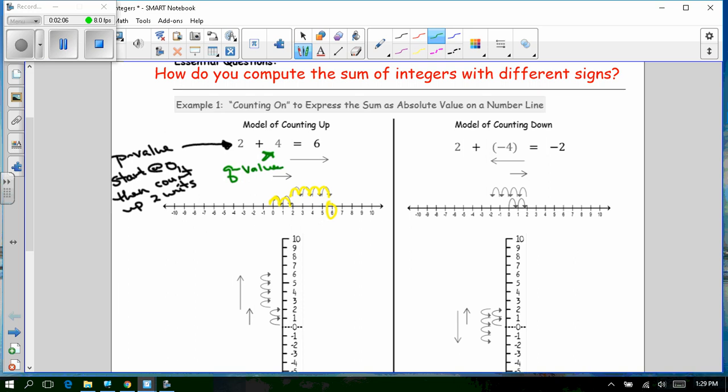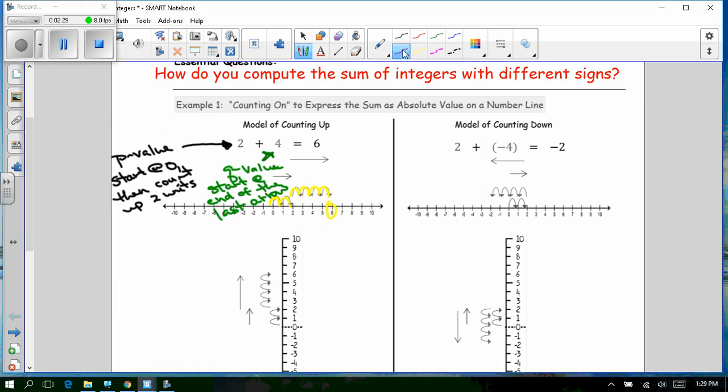And this one, you start at the end of the last arrow. And then, of course, the number 6 in this case, that is our answer.